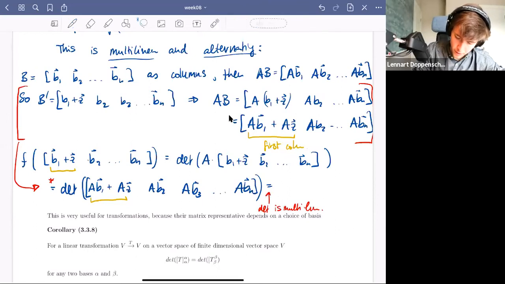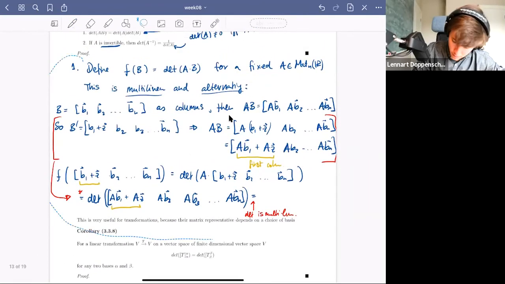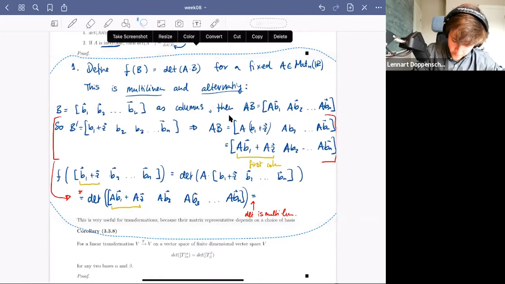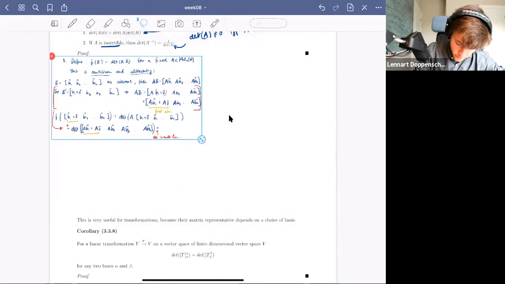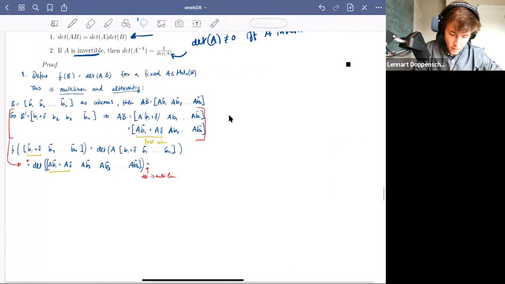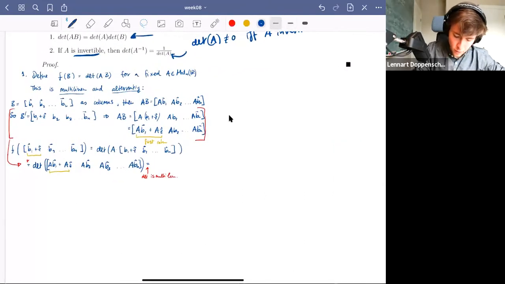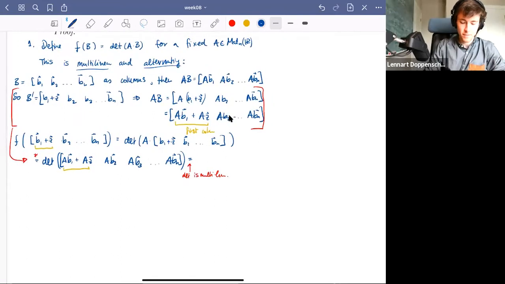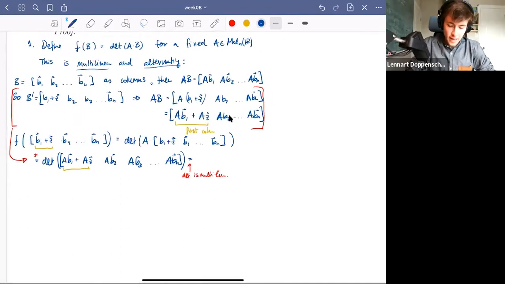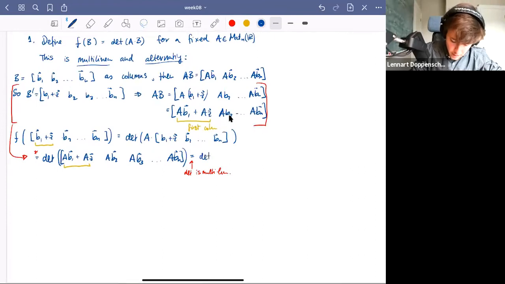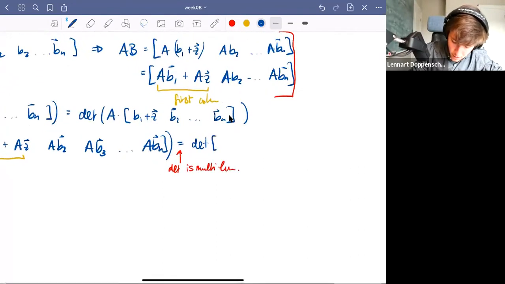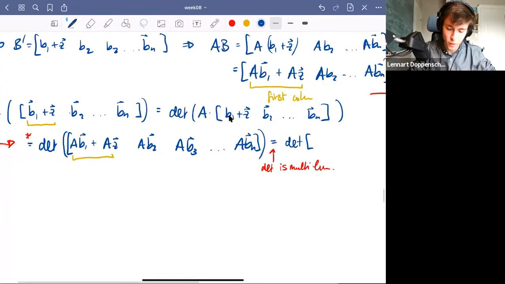So now that we've converted this problem of showing that F is multilinear into using that the determinant is multilinear, we can just detach this as the determinant. Just think about everything in these square brackets as one matrix.